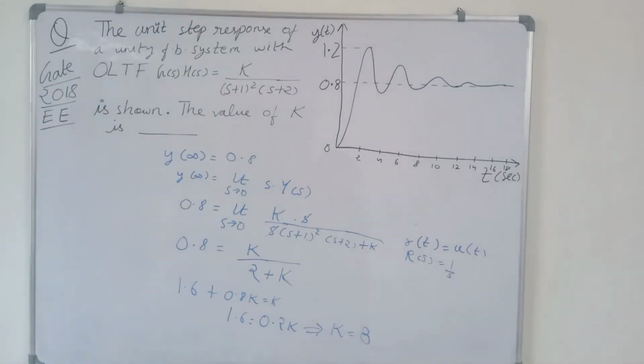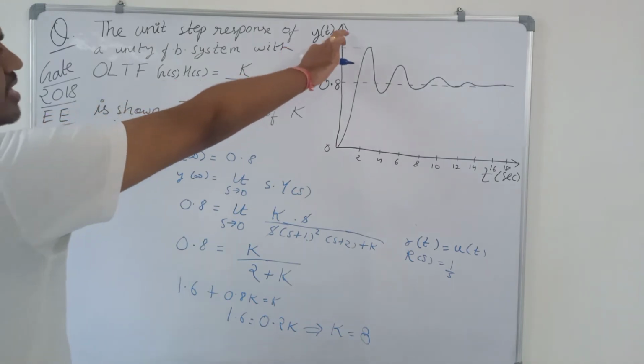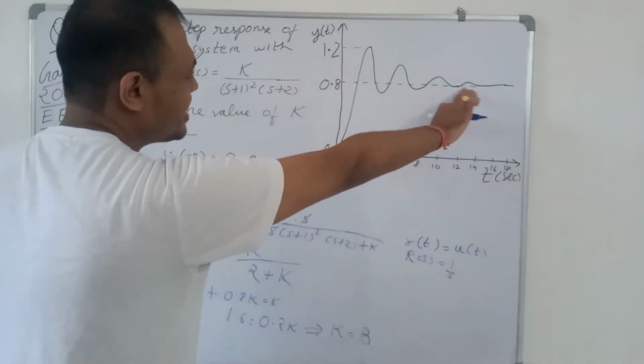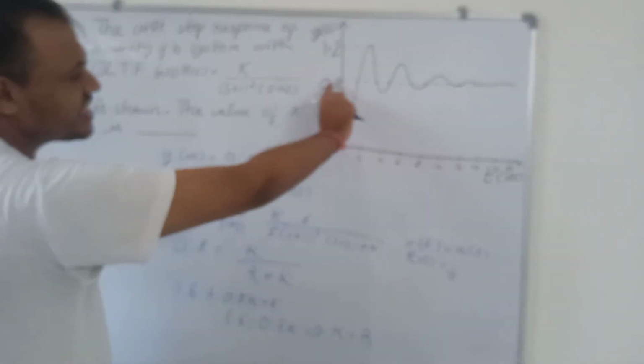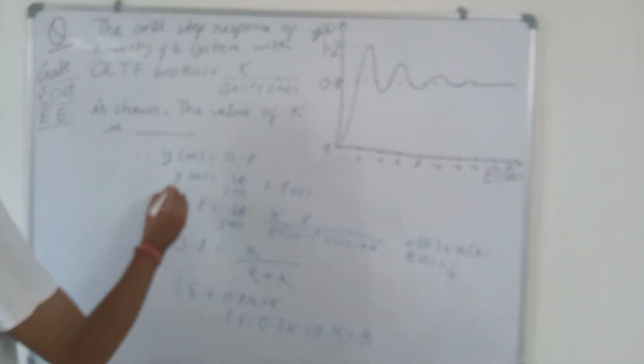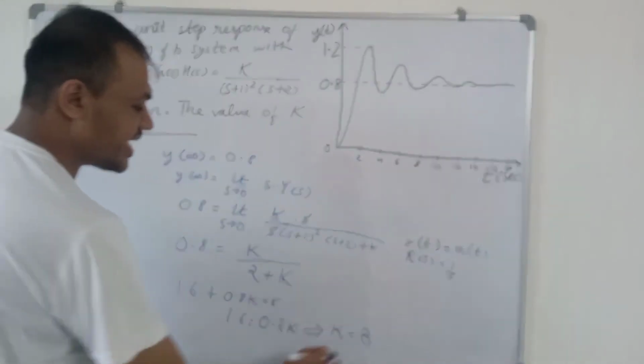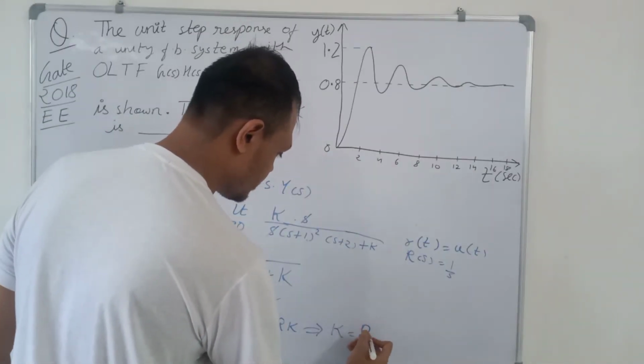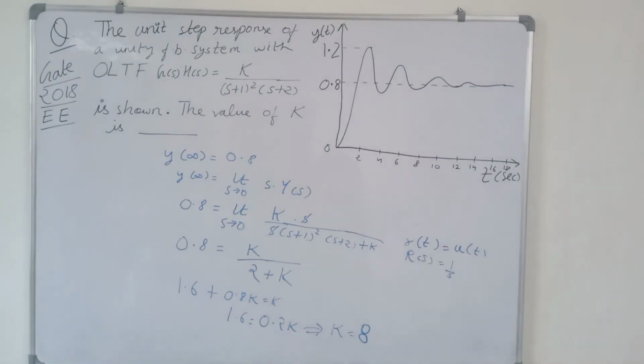So this was the first method, where we used the final value theorem, because this axis is y(t). Its value at t tends to infinity, the steady state value, is 0.8. So y of infinity is 0.8. So the value of K is equal to 8. This was the first method.